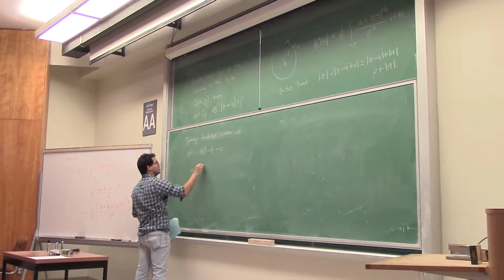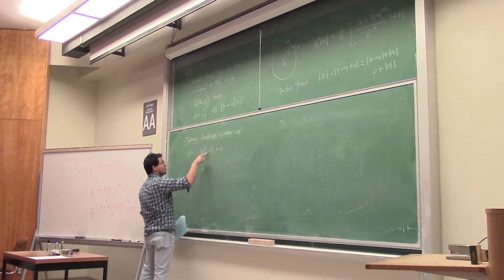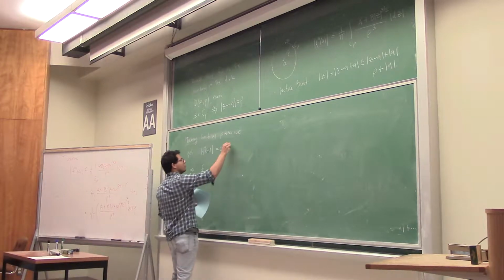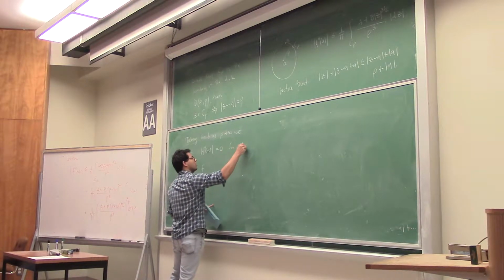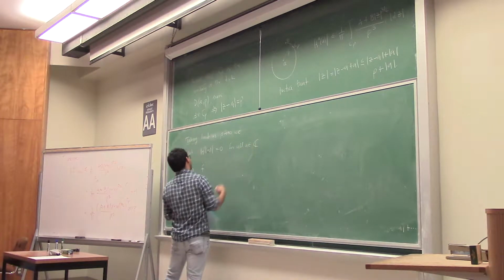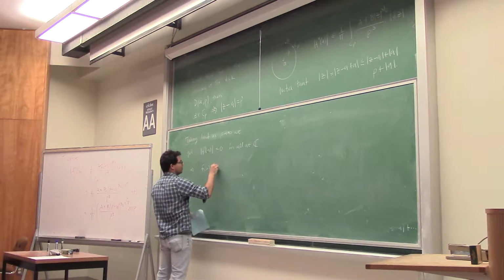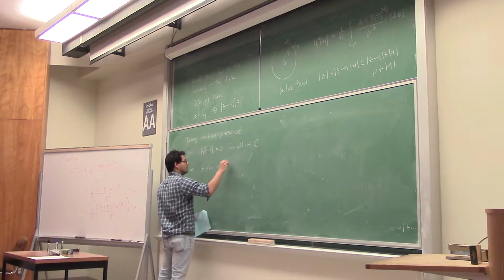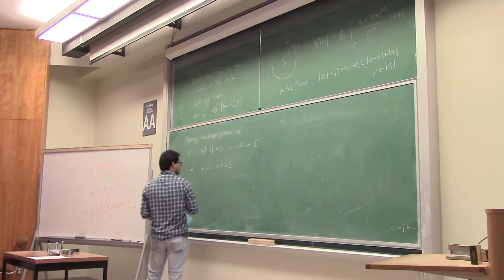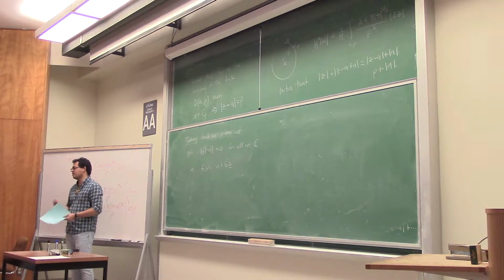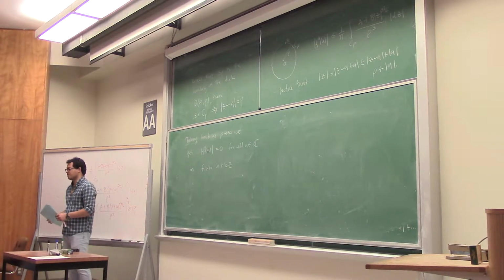And that is for all a, right? Because I didn't have any restriction about a. A was for all a and z, and that means that f of z is actually a z plus b. So the second derivative vanishes, so the first derivative has to be constant, then f has to be an antiderivative.